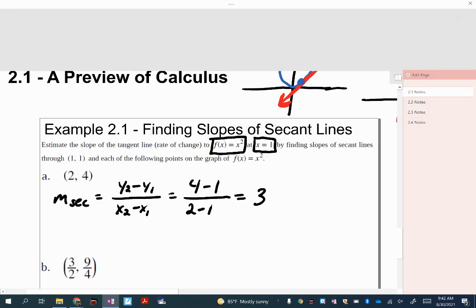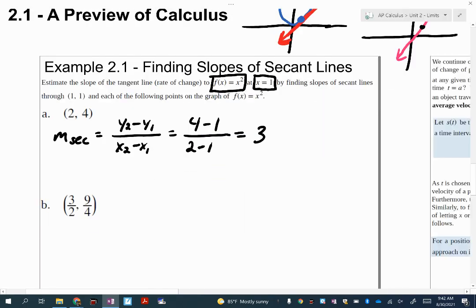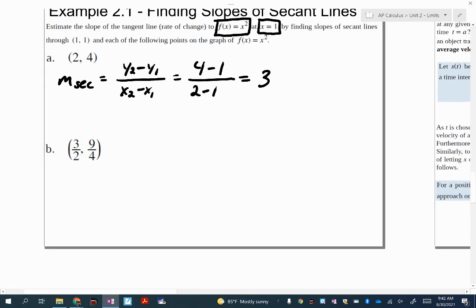Now, if I keep going and move closer to 1, 1, so essentially doing the same process in part B, but now my point instead of 2, 4 is 3 halves, so 1.5, and 9 fourths. All right, so again, we're getting closer to the point 1, 1, but we're not actually there yet.